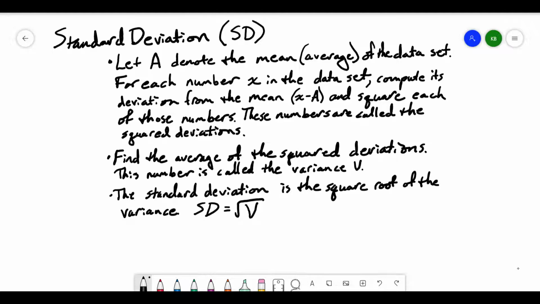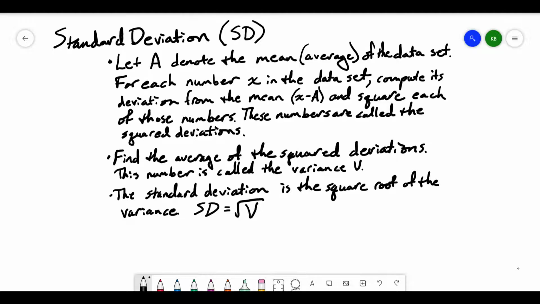This also has the added effect of if the deviation is less than 1, so the data point is very close to the mean, squaring it makes it smaller and less impactful. And if it's more than 1 from the mean, so farther away than 1 from the mean, squaring it is going to make it larger and make its impact seem bigger.